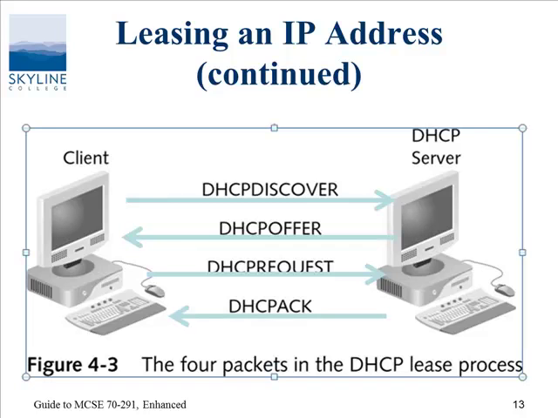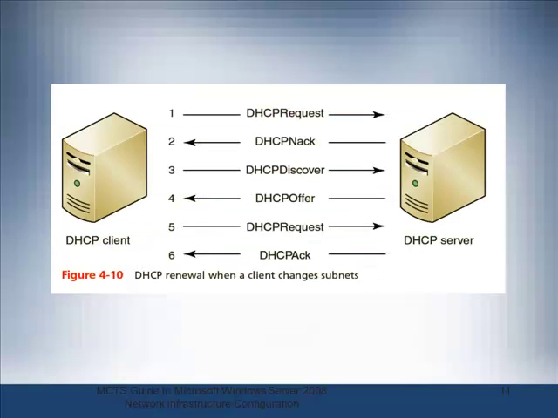And then we get the DHCP acknowledgement from the server. My way to remember this, DORA: discover, offer, request, acknowledge. My way of remembering it is Dora the Explorer, for all you guys with kids.